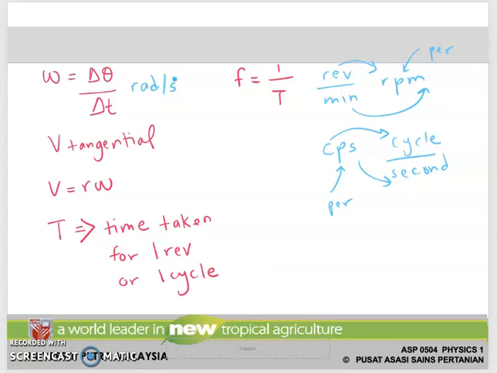Sometimes they will tell you the angular velocity of this ball is 5 revolutions per minute. Actually, angular velocity and frequency are interrelated in a sense that they measure the amount of rotation per time. It's just a matter of understanding how to use the units. We will take a look at an example later. Don't worry about that.